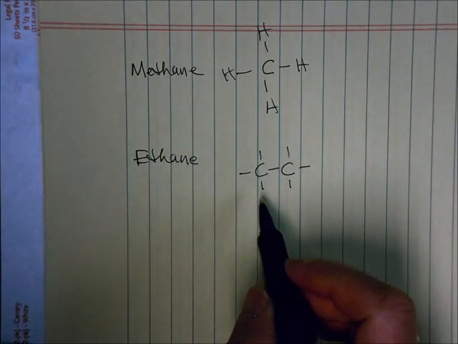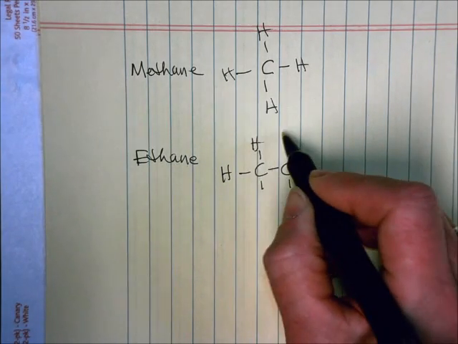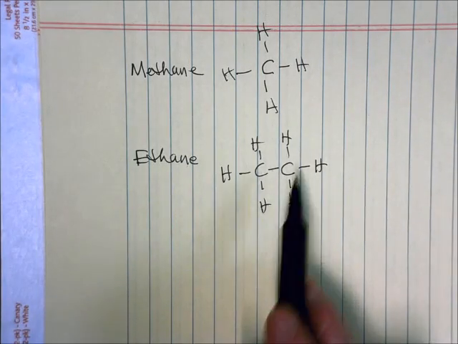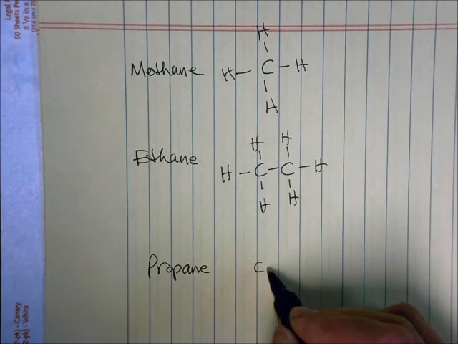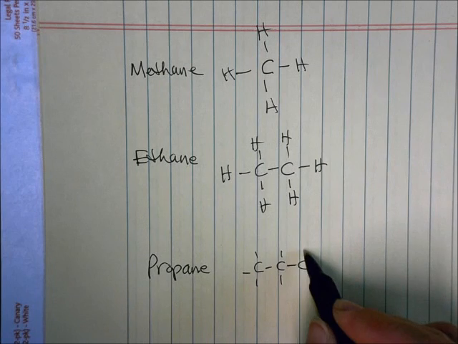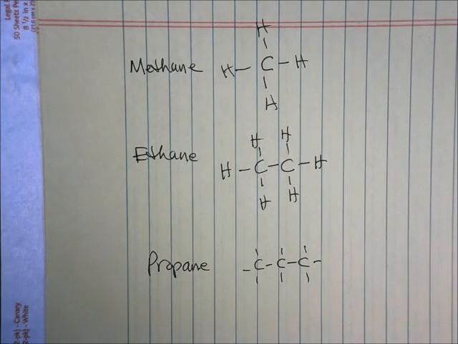So ethane has 2 atoms of carbon. This is an ethane molecule, 2 atoms of carbon and that many hydrogens. Propane has 3 atoms of carbon, so the carbons are all hooked together, and then each one of those would be hooked to hydrogens. Each carbon is hooked to 4 things.